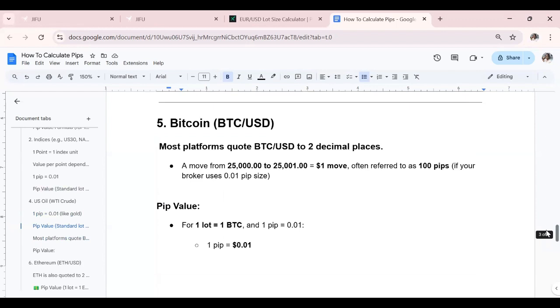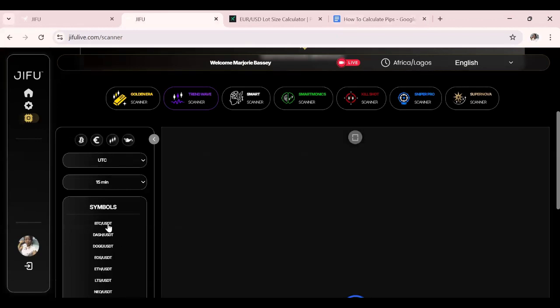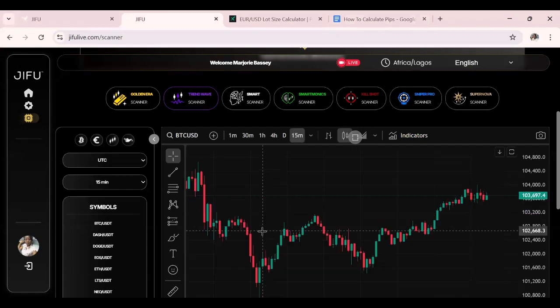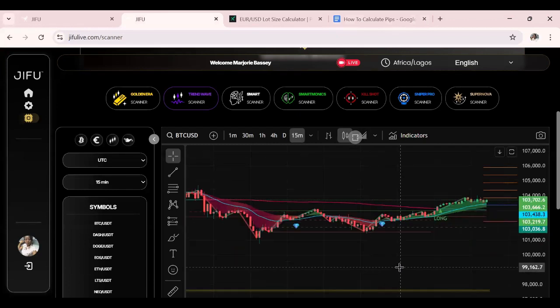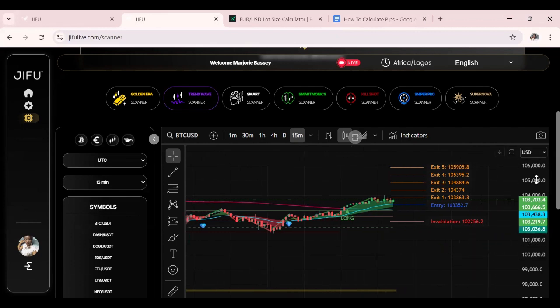Bitcoin is quoted in five digits and two decimal places. Let's go to JIFU and see how BTC is quoted. So this is how BTC is quoted. It's usually two decimal places, but JIFU is putting just a single decimal.